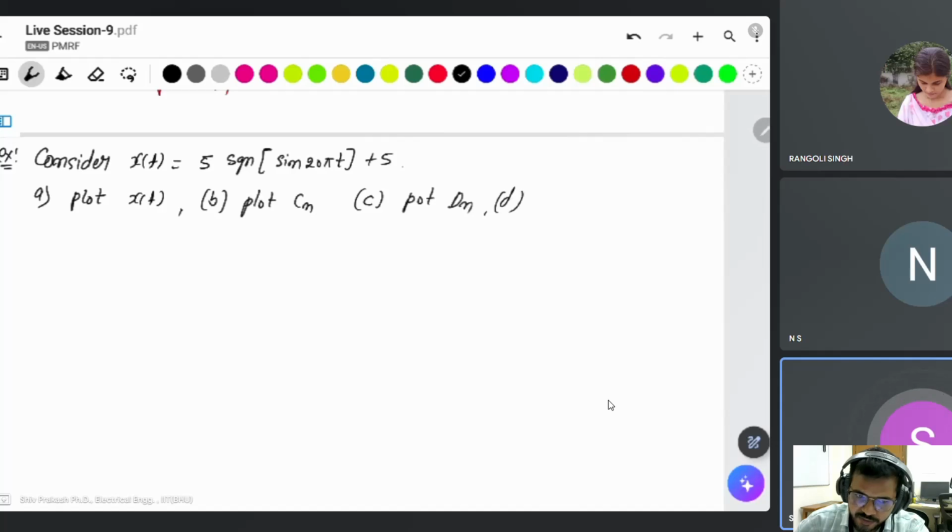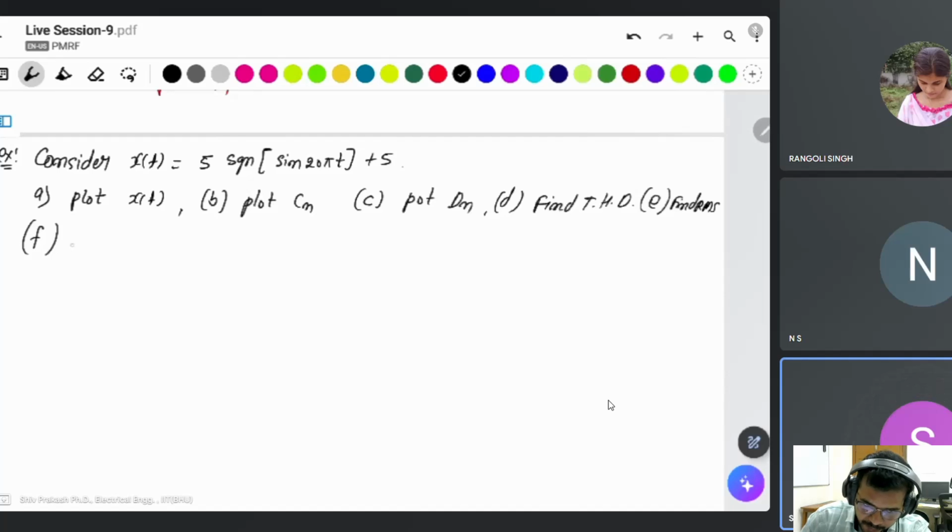D is to find the total harmonic distortion. And E is to find the RMS value of this signal.